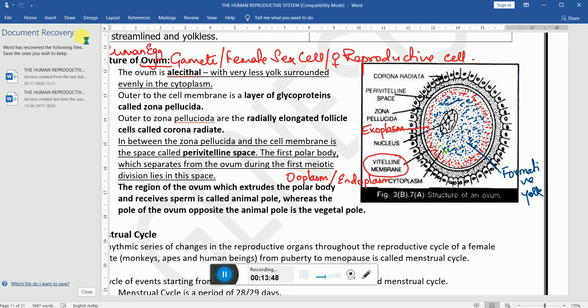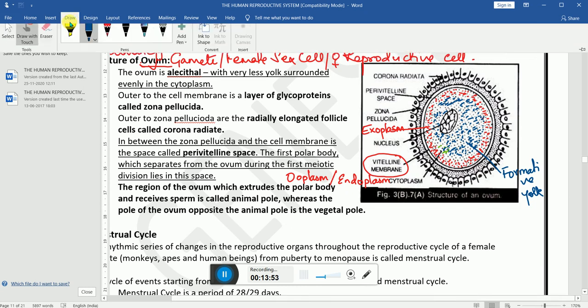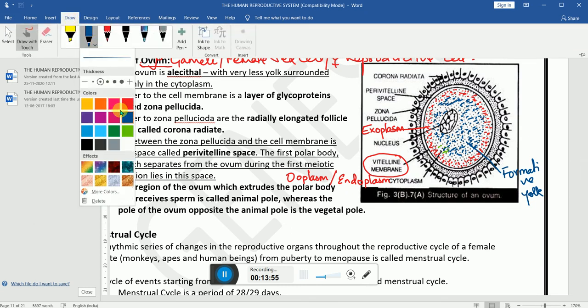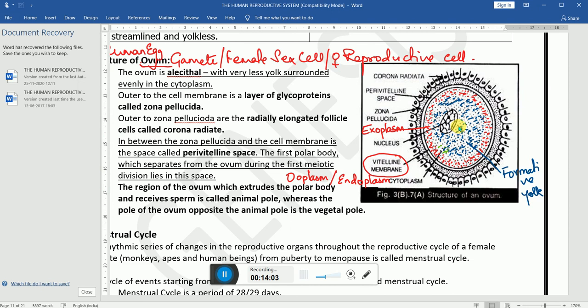And in between, we can have a small amount of yolk present, and this amount of yolk that's present, we call it a nutritive yolk.